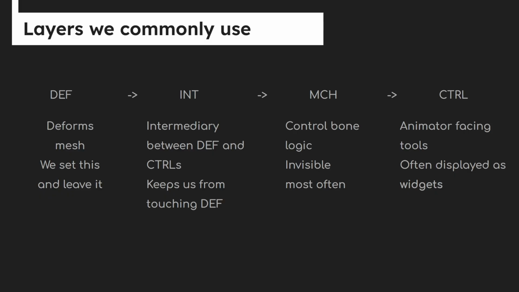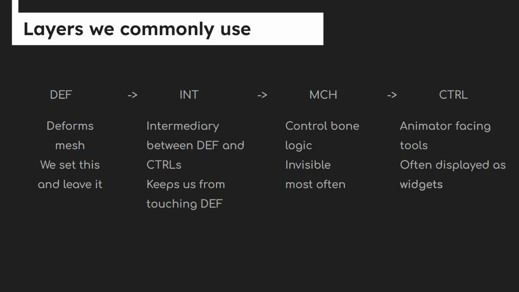And then after that are the mechanism bones, which you can consider a control bone, but you can distinguish it with the MCH name. It has the control bones' logic, and it's invisible most often because you don't really need to see it. It's just extra clutter on the screen.